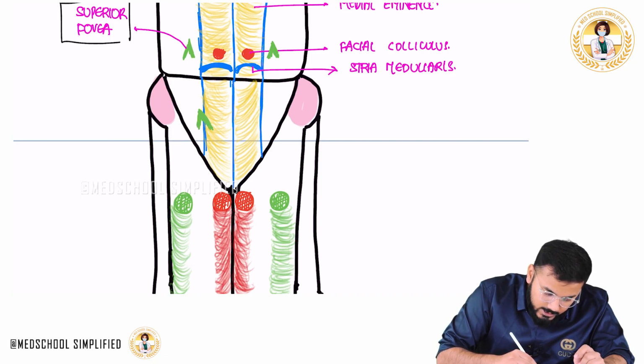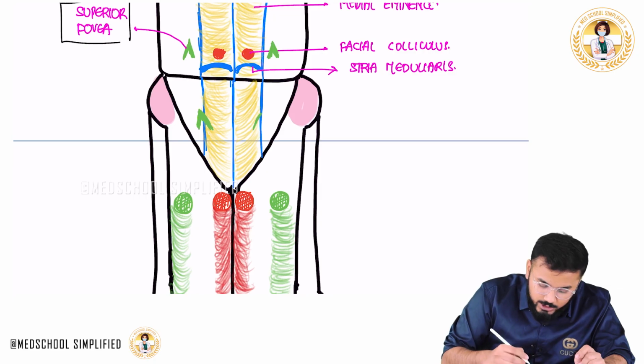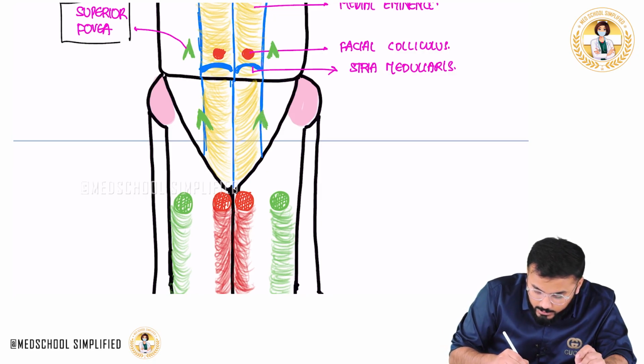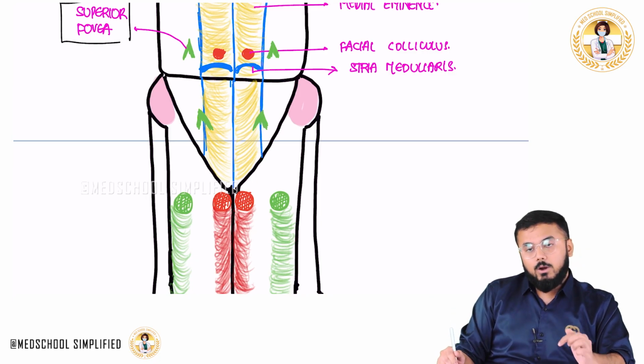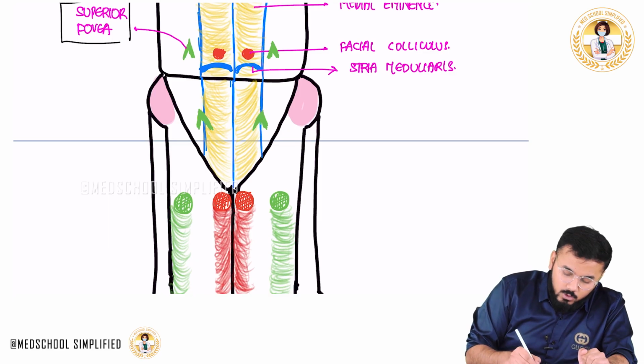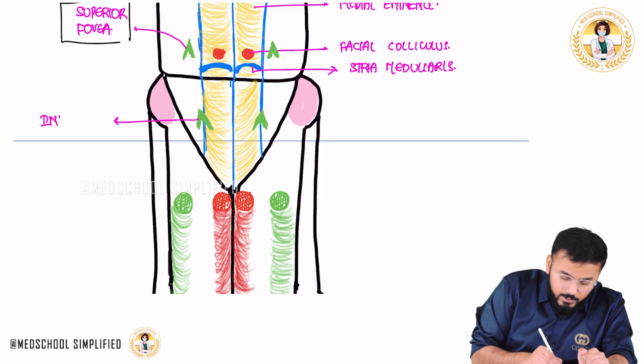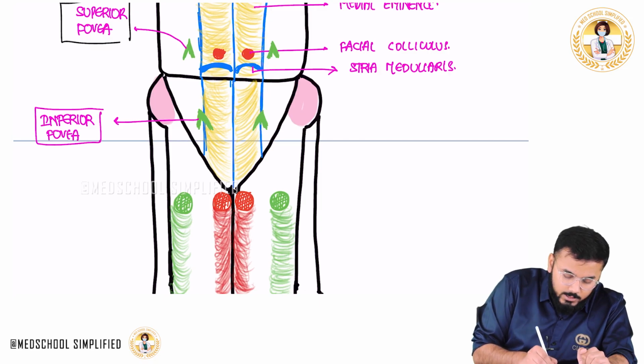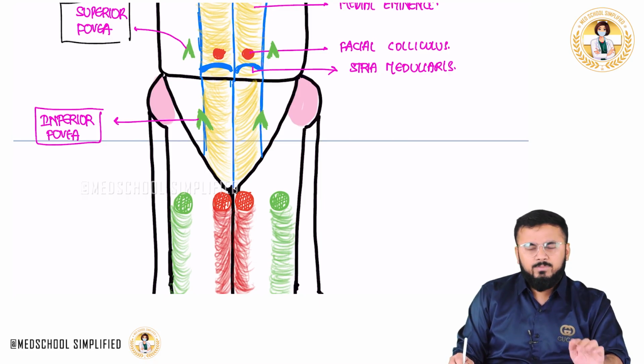This V-shaped depression which I am drawing right now is called your fovea. Now tell me, which fovea is this, superior fovea or inferior fovea? This fovea is called as inferior fovea.